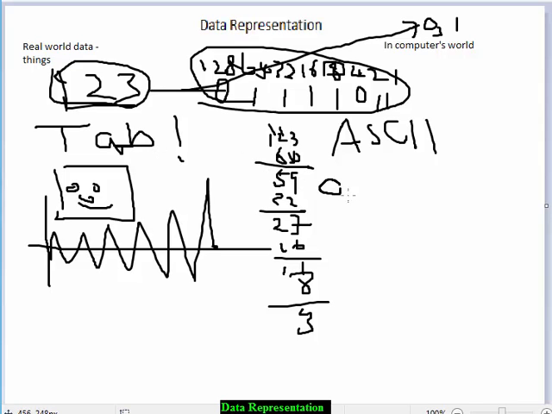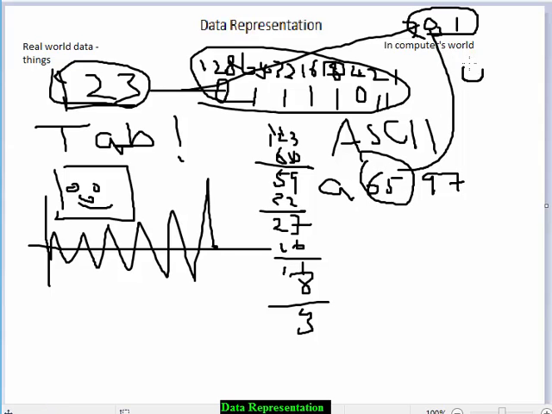For example, A could be 65 or 97. Look it up: which one is the little a, which one is the capital A? Google ASCII tables. So with letters and symbols, we can turn them into numbers, and once you've got numbers, you can turn them into binary numbers, zeros and ones. That's all nice and easy.